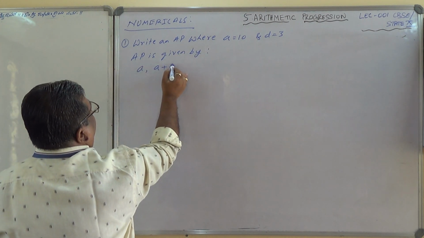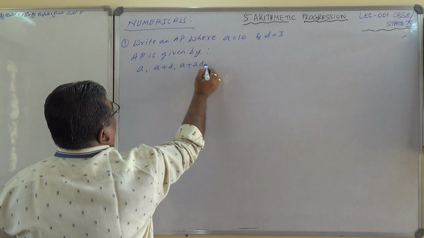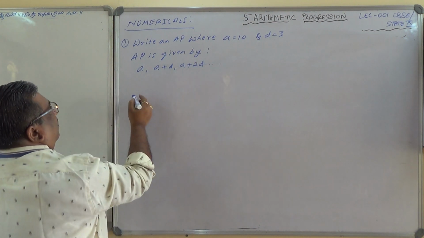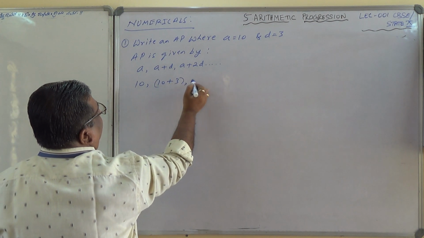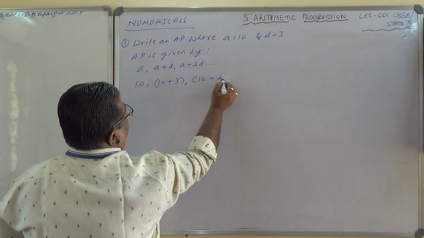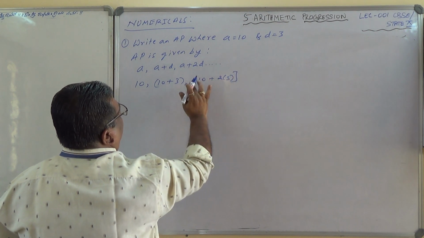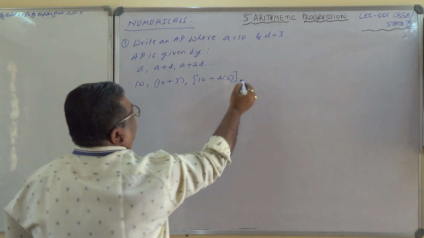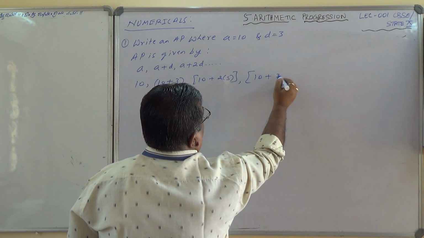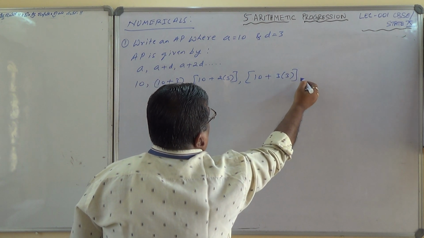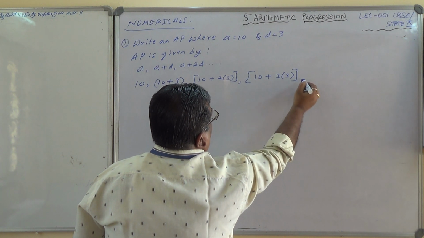A plus D, A plus 2D dot dot dot, and therefore 10 plus 3, 10 plus 2 times 3, 10 plus 3 times 3, dot dot dot.